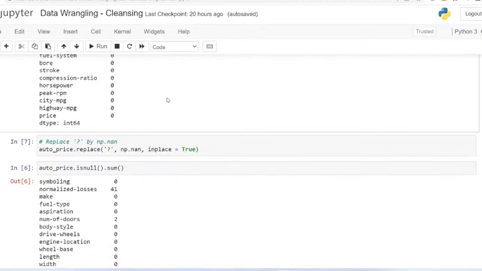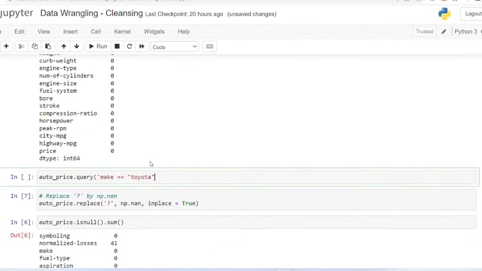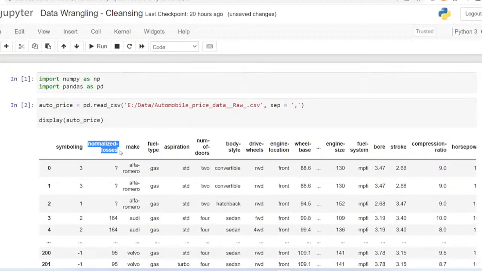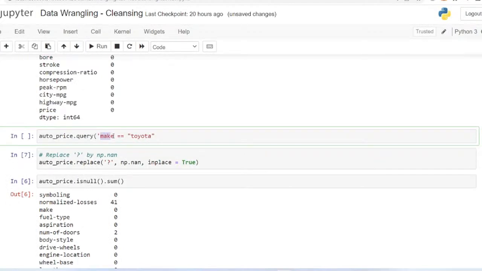Before we replace, let us make a search operation for this normalized underscore losses column, and compare whether it equals question mark. Wherever this is found, we need to scan it.